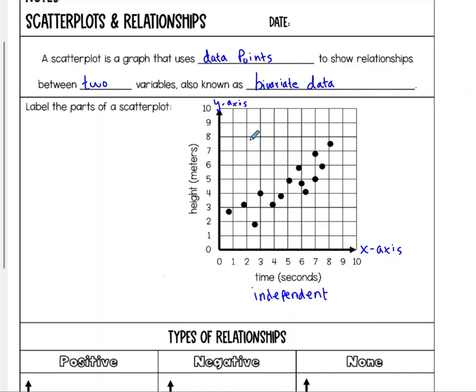And then which makes the y-coordinate your dependent variable. We'll talk more about independent and dependent later, but just know that x is your independent and y is your dependent.